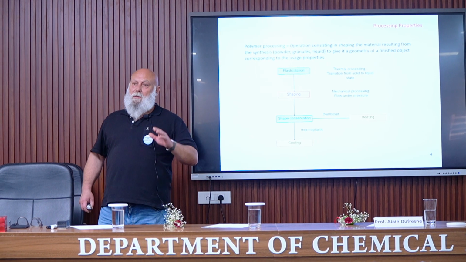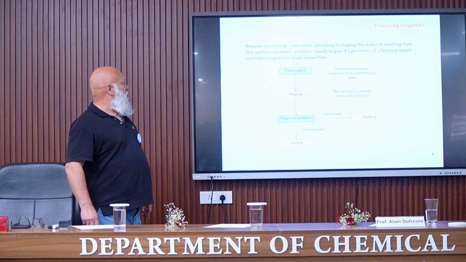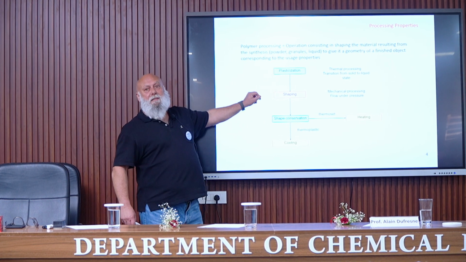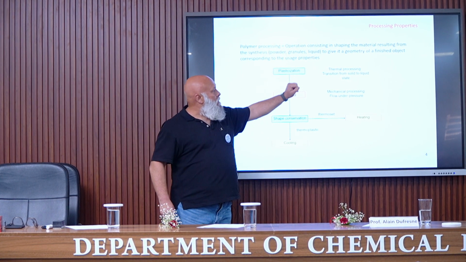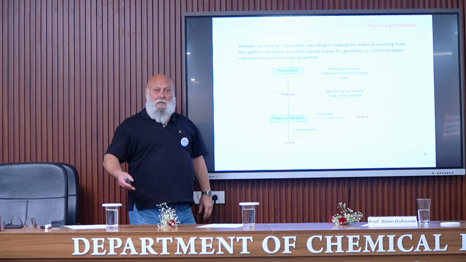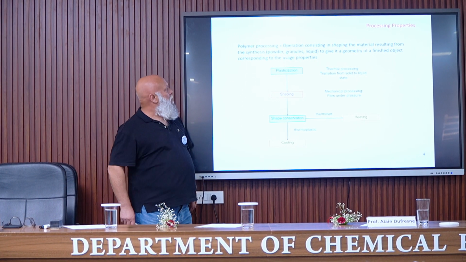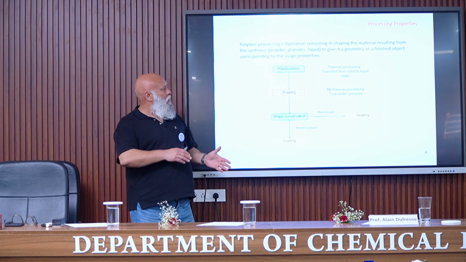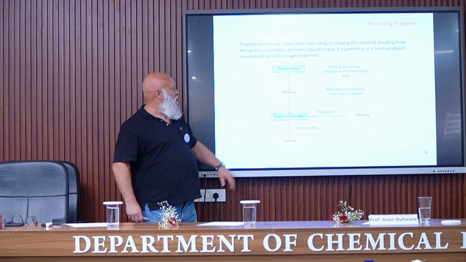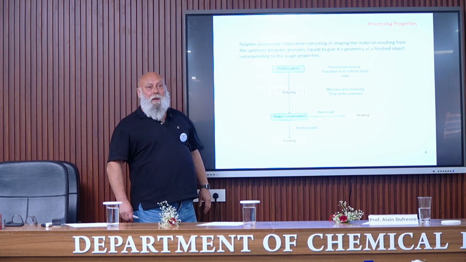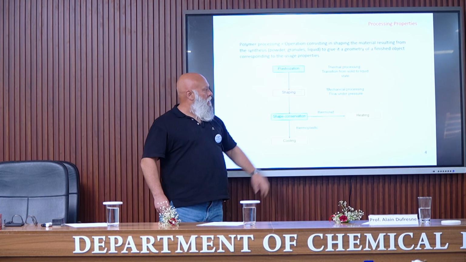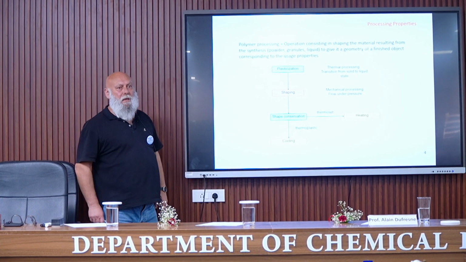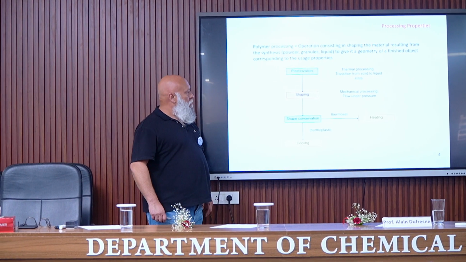The first one is plasticization. It's a thermal process, so it's necessary to heat the material to pass from a solid to a liquid state. Then the shaping of the material, which is a mechanical process that results from flow, which is induced by applying pressure or force. And then shape conservation.